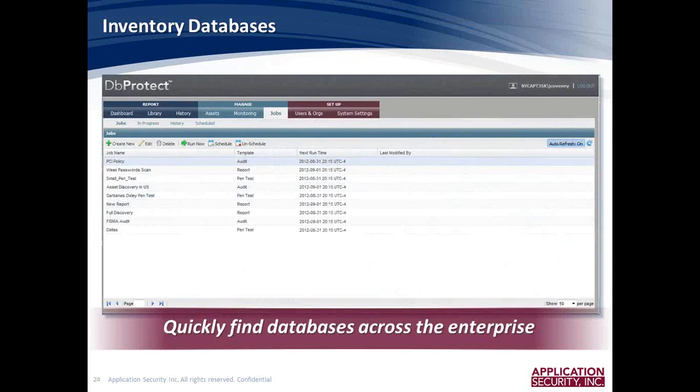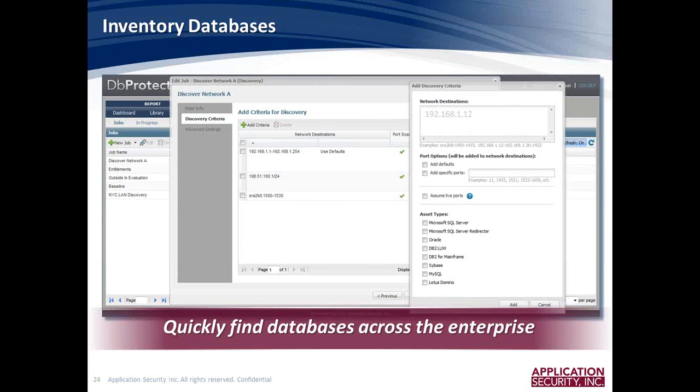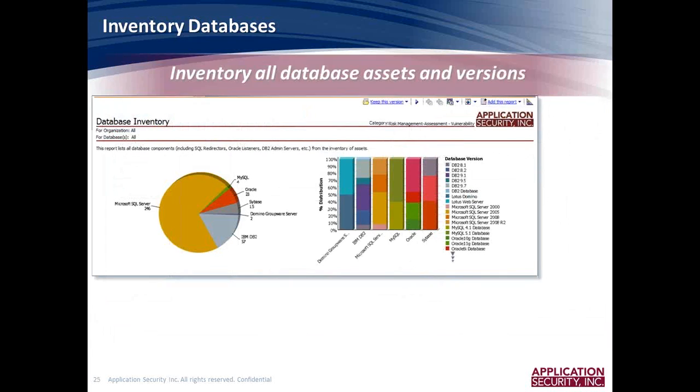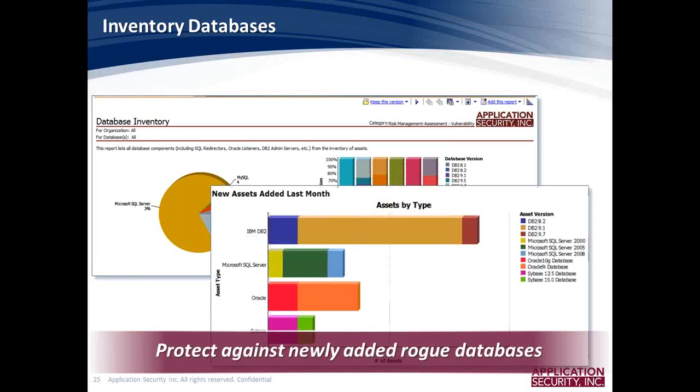DB Protect will periodically and automatically scan your network and identify any of the databases that are out there. And then it'll make it very easy for you to get a list of databases that are running across the enterprise, sort and filter that list. And it's all done with a simple system of jobs where you just describe your network, tell us a little bit about the IP ranges, for example, in your network, and we'll go out and find the databases for you and come back with nice reports that will give you a very clear understanding of what databases you've got, what versions they're running, and where they are out there on the network.